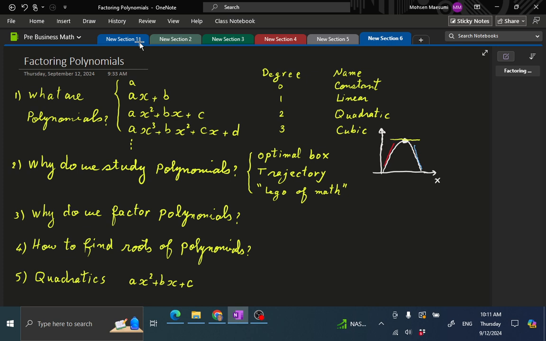That means that polynomial has become 0, and that means that you're finding the root of that polynomial. So you see the chain of ideas that are going to be connected to each other for us just to design a simple box. Okay, so that's one application that we have in mind.